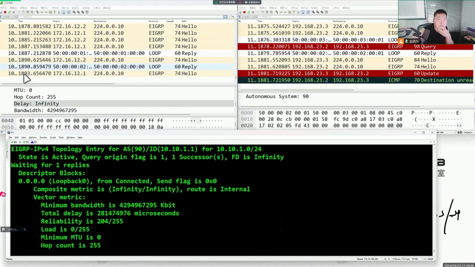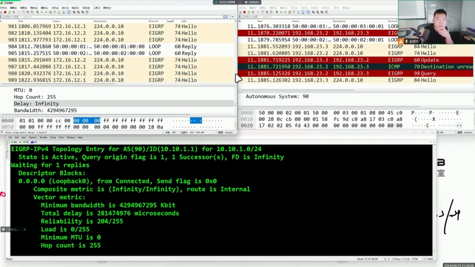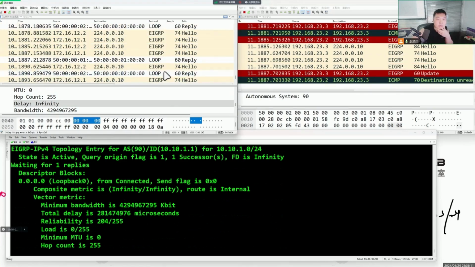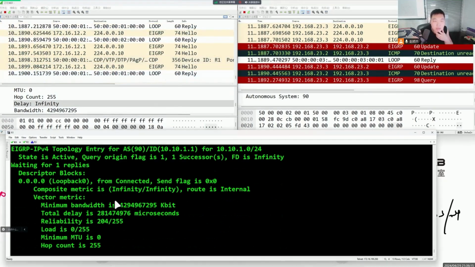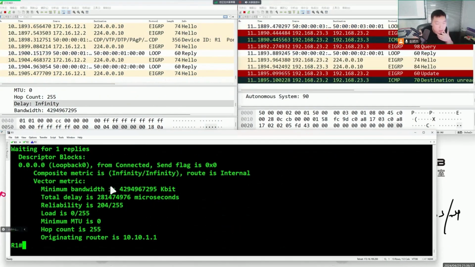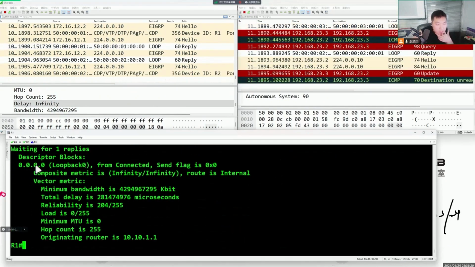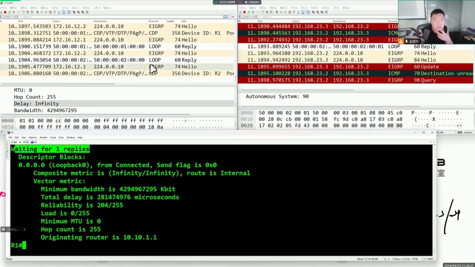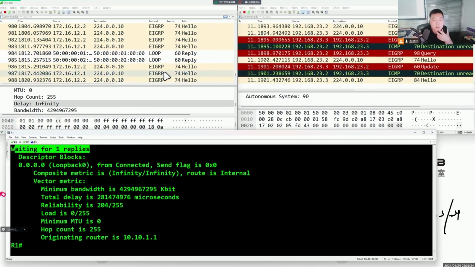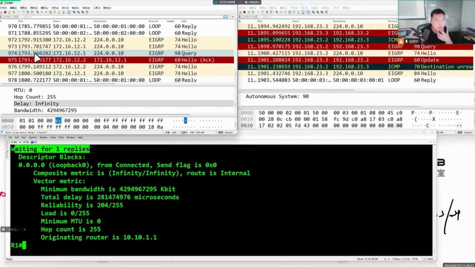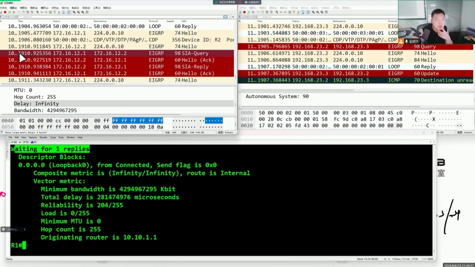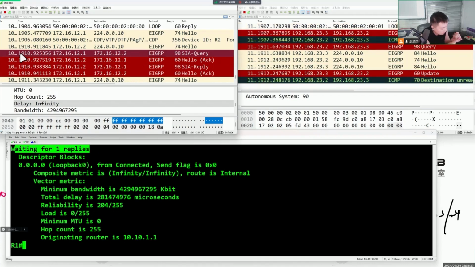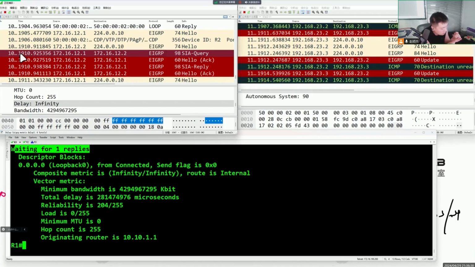Where is the SIA query? I didn't see it. Or did I count wrong? Check 1793 plus 90. It doesn't matter, it's the same.